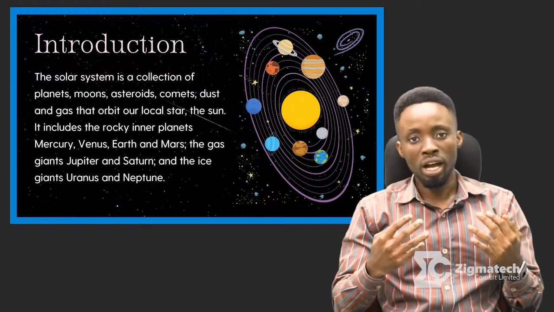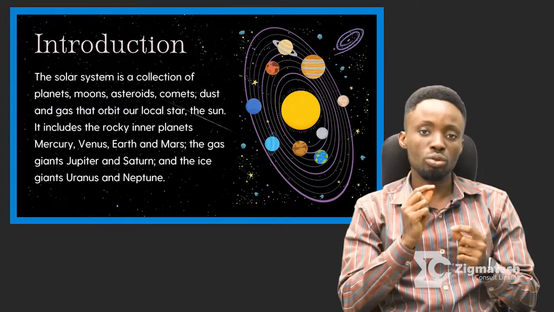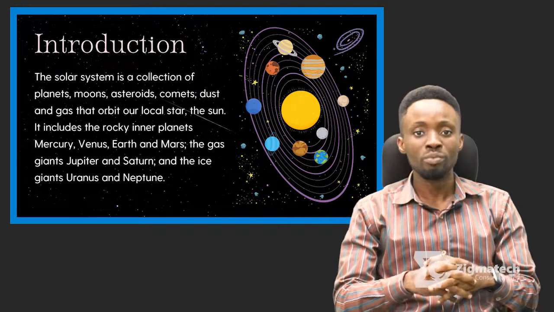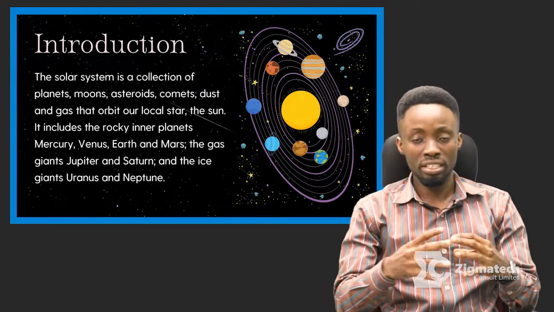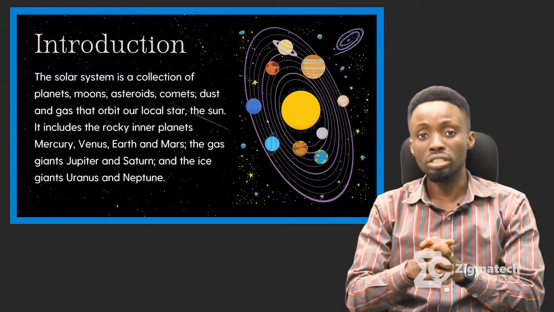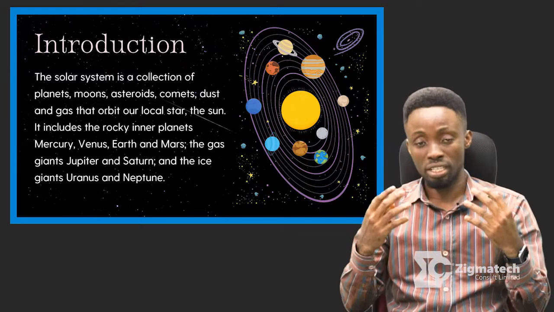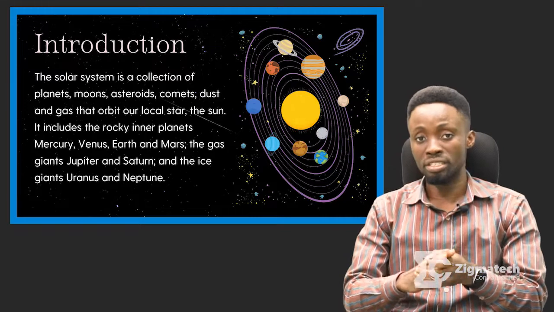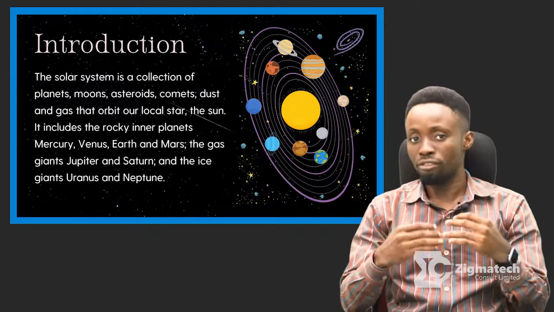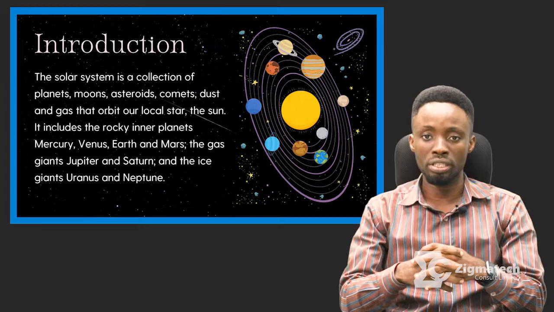And our solar system, which is just one of the billions of solar systems we have in the nebula, is actually centered around the sun, and the sun is the main source of light and the main source of energy in this solar system. That means that we have billions of solar systems out there.